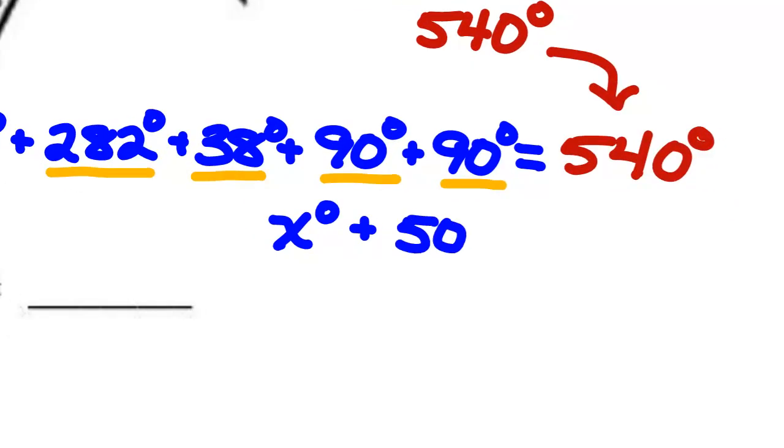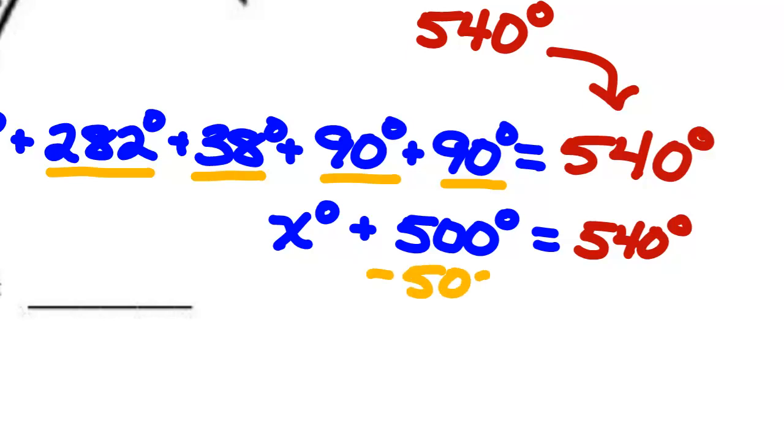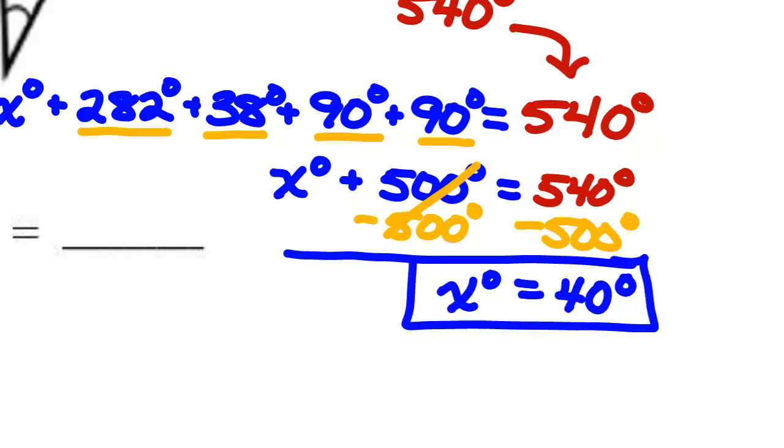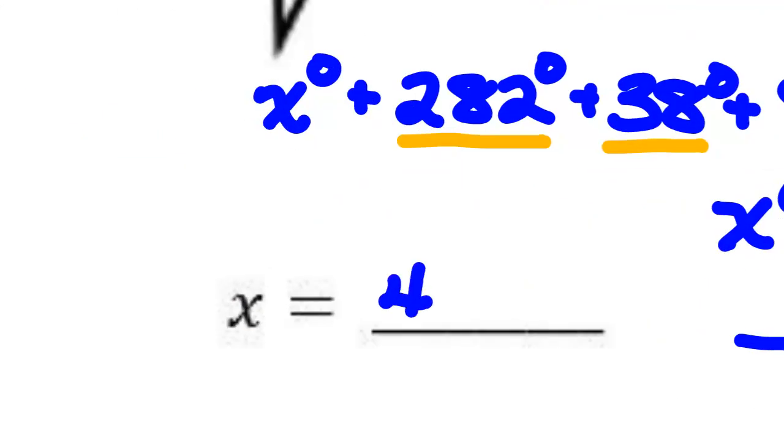So x degrees plus 500 degrees equals 540 degrees. And now to finish solving this for x, we're going to subtract 500 from both sides. And that means x degrees is 40 degrees. So x would have to be 40.